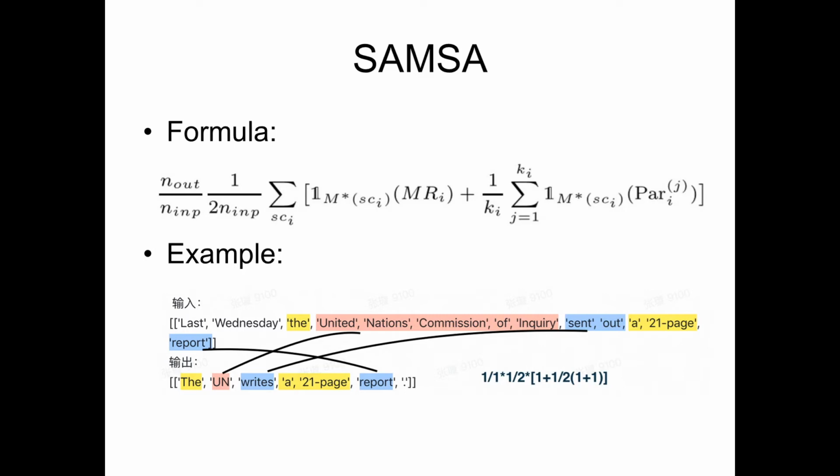The relation of the input is "sent out" and the participants are the United Nations Commission of Inquiry and the report. Then match with the output sentence, using the word alignment set A. In this example, all the core semantics are matched, so the semantic retention is very high.